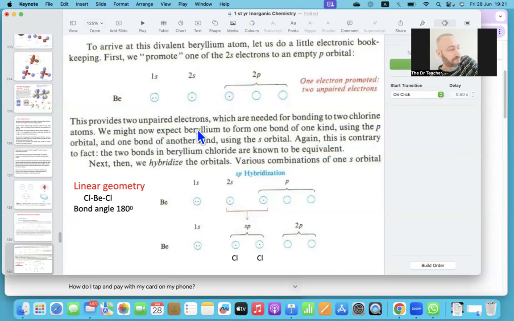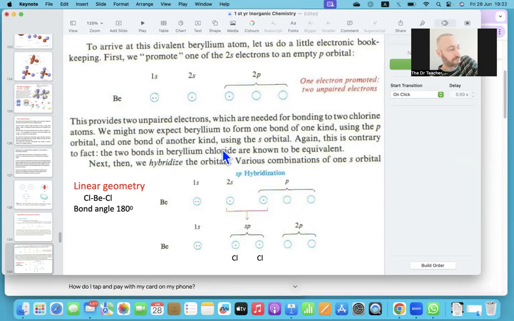We might now expect beryllium to form one bond of one kind using the p orbital and one bond of another kind using the s orbital. So this single electron will form a single bond with chlorine, and the other single electron will form another single bond with the other chlorine atom.